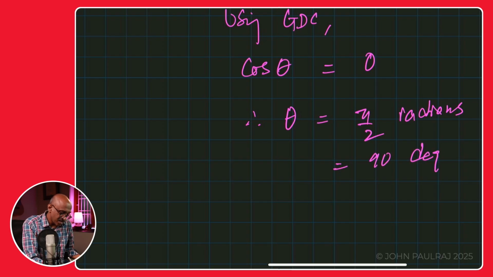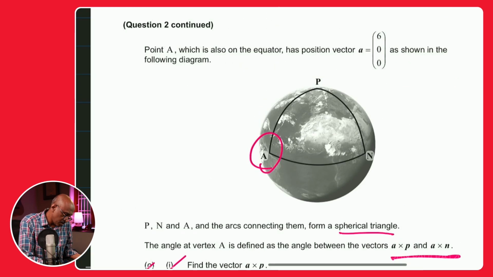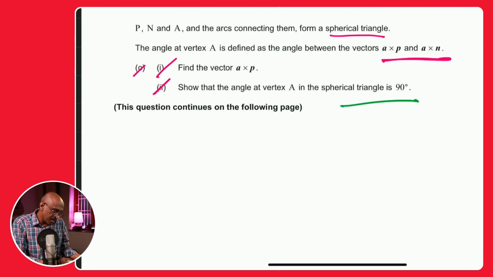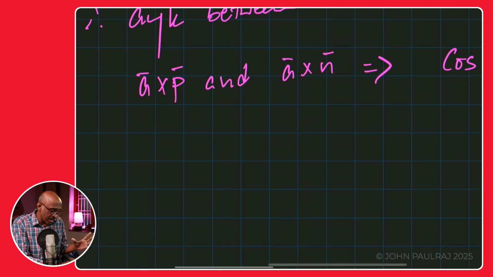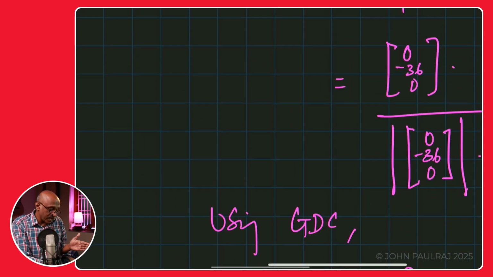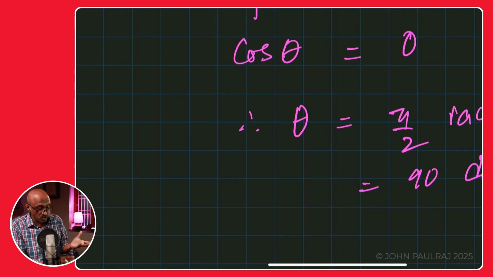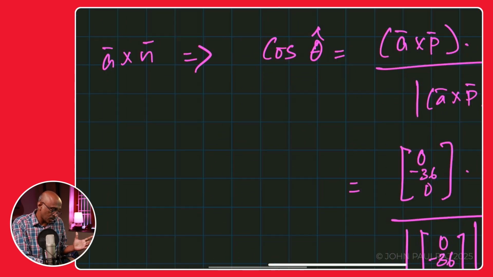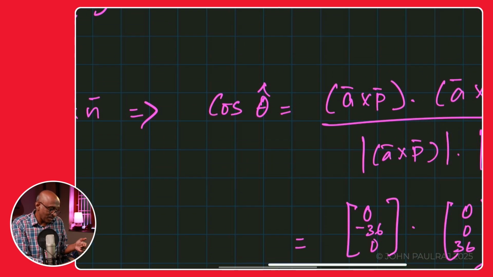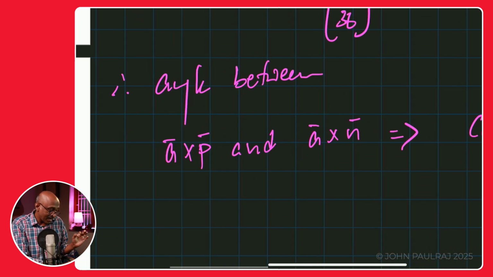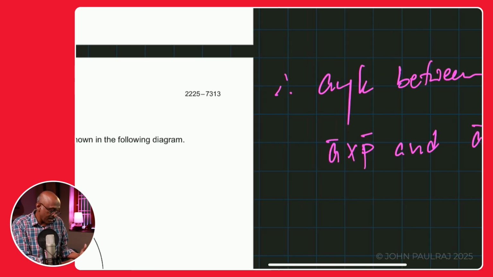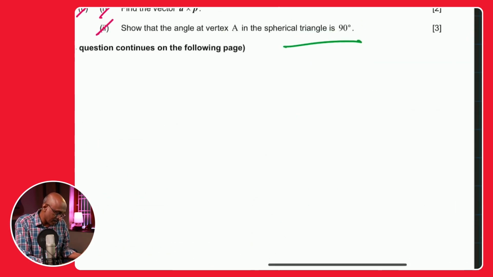What do they ask us, degrees or radians? Let me just check quickly. They have asked us: show that the angle at vertex A in the spherical triangle is 90 degrees. So that's good. We have shown that cos of the angle is 0, which means the angle between these two vectors, A cross P and A cross N, which is the same thing as the angle at vertex A for that spherical triangle, is 90 degrees.